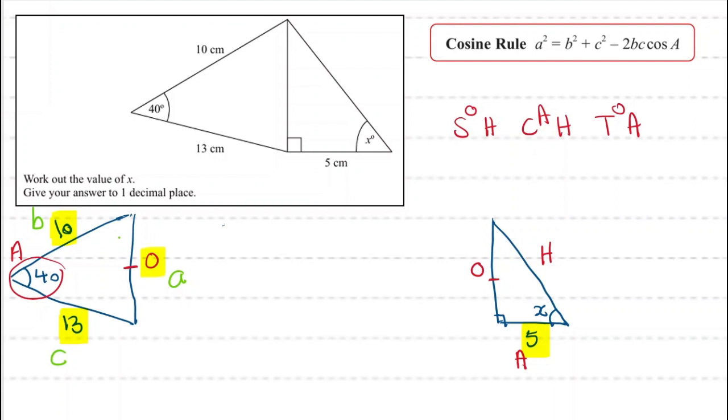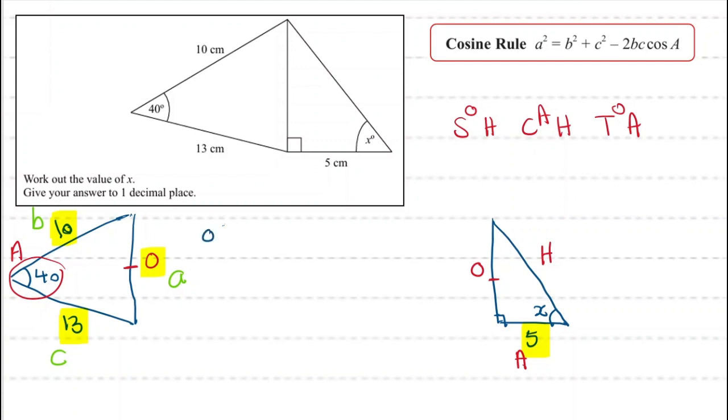Then we substitute these values into our cosine rule formula. So we are going to write a squared, but in order to avoid any confusion, we know that the side a also represents the opposite side to angle x, so we just write O for a.